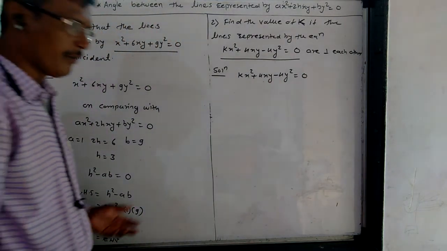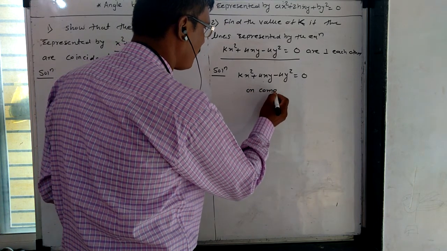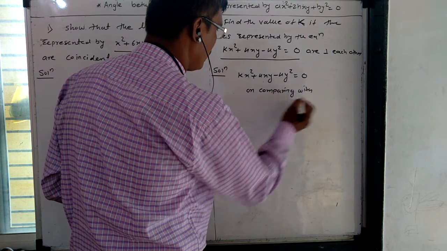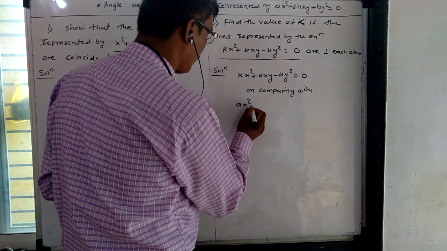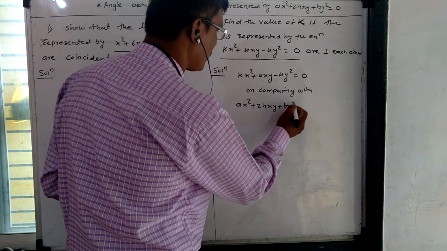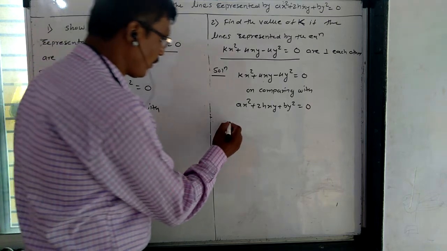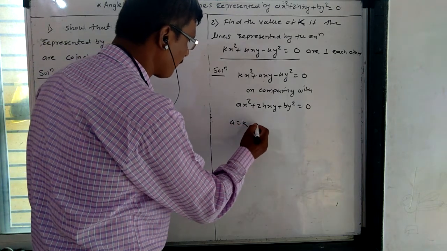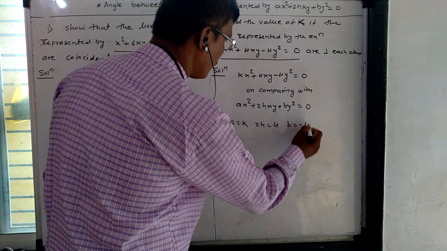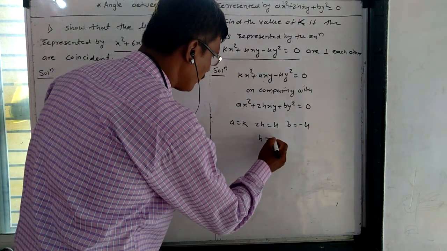So on comparing with ax square plus 2hxy plus by square is equal to 0, therefore a is equal to k, 2h is equal to 4 and b is equal to minus 4. So h is equal to 2.